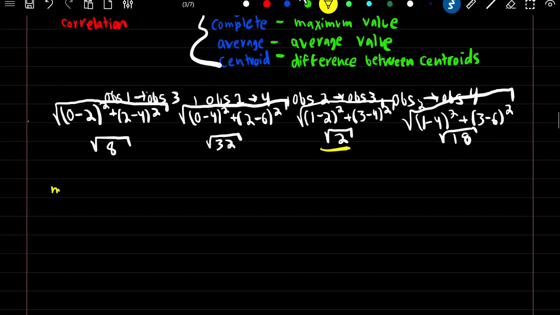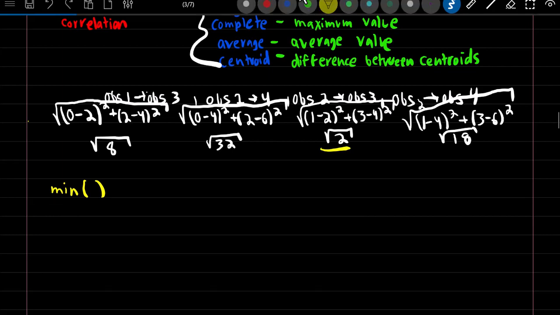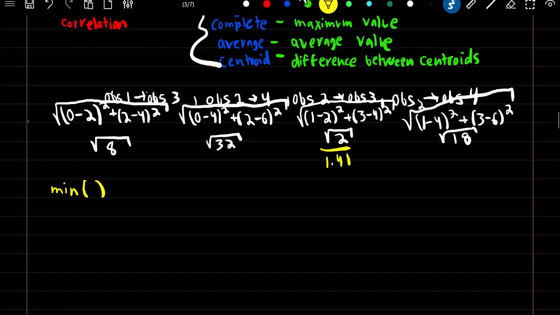That is observation 2 to observation 3. So the height that these two would fuse on our dendrogram would be at a height of square root of 2, which is equal to about 1.41. So if we were to draw that, these two groups would fuse at a height of 1.41.